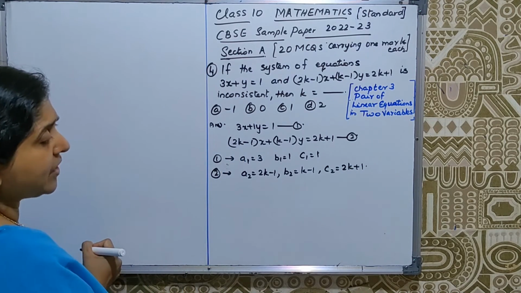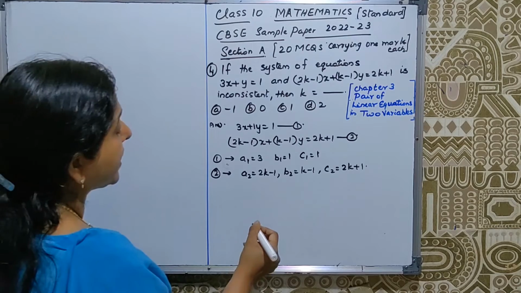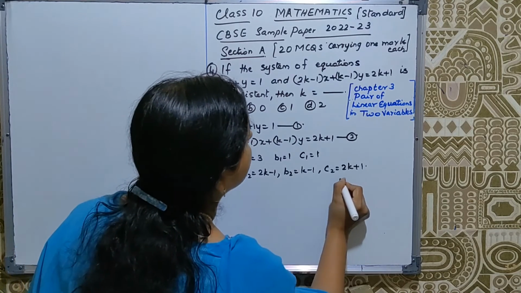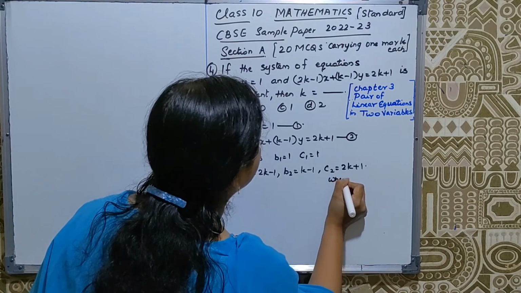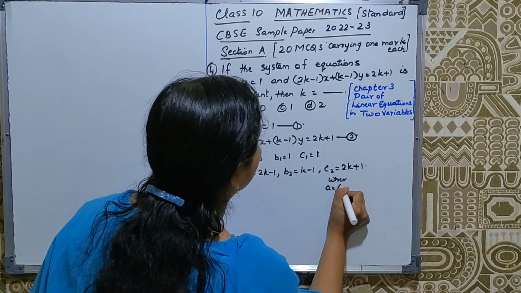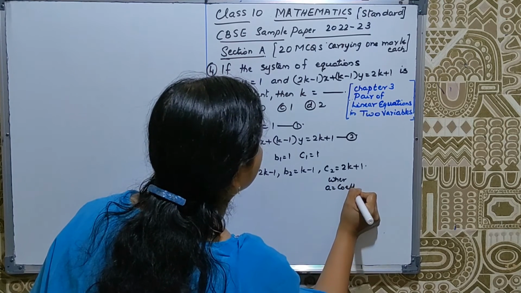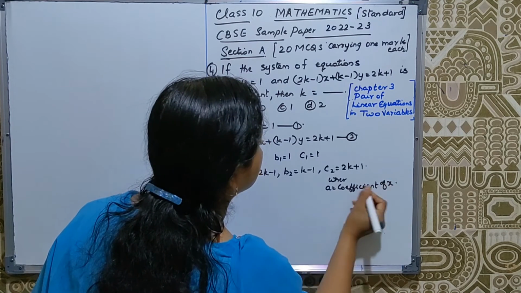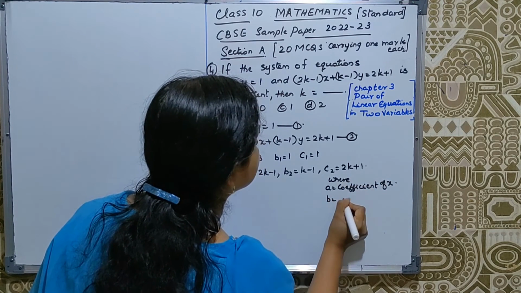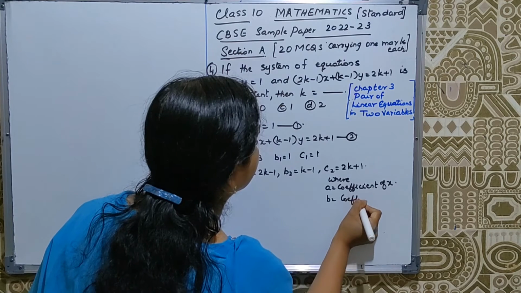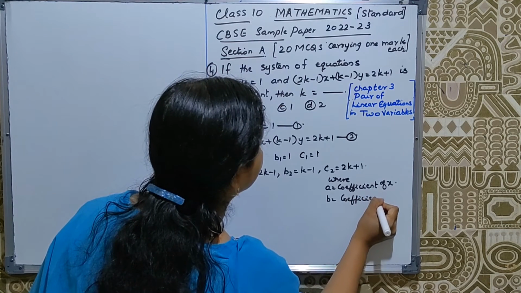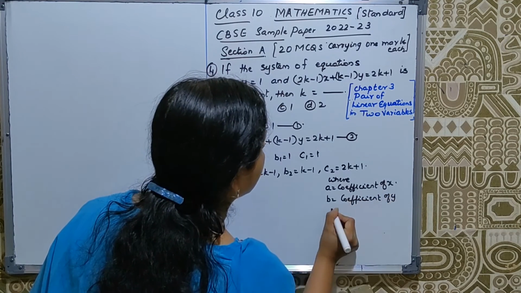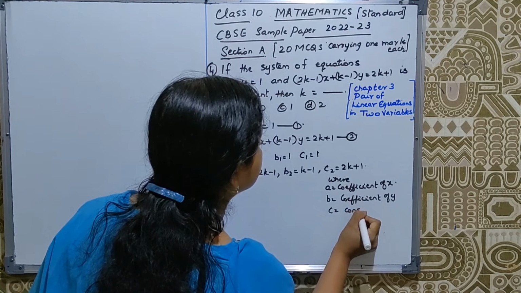So we got A1, B1 and C1, A2, B2 and C2. In general, A equal to coefficient of x, B equal to coefficient of y, and C equal to constant.